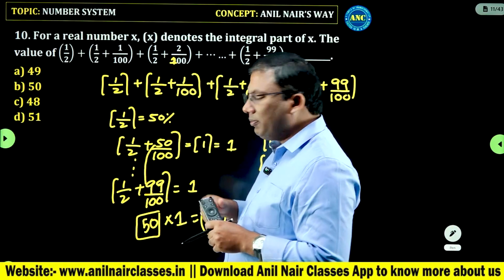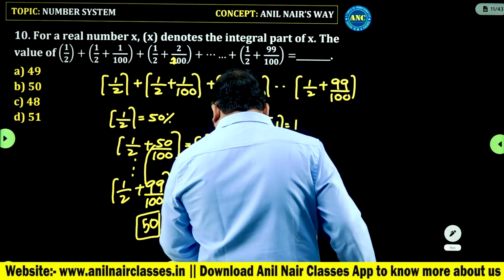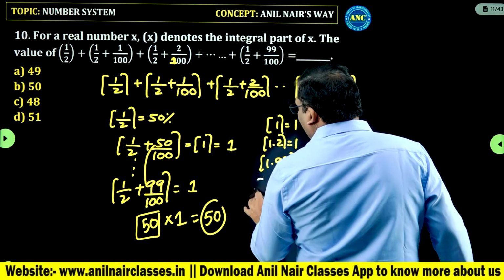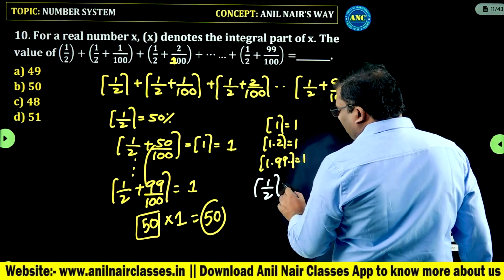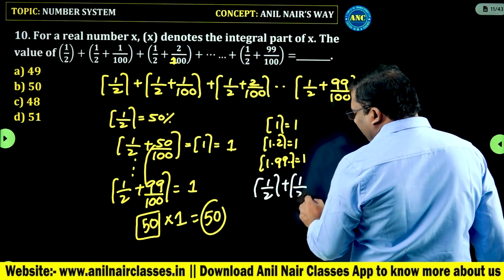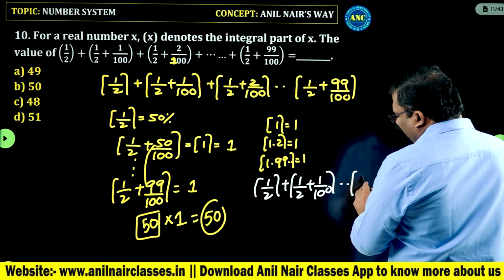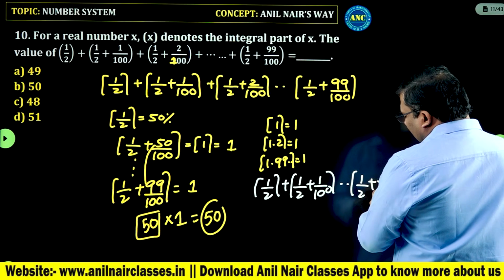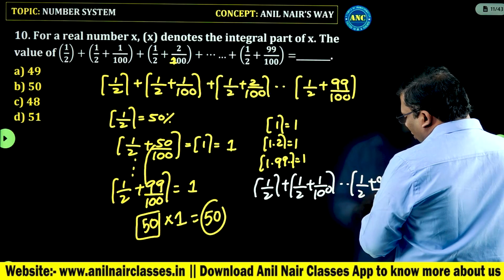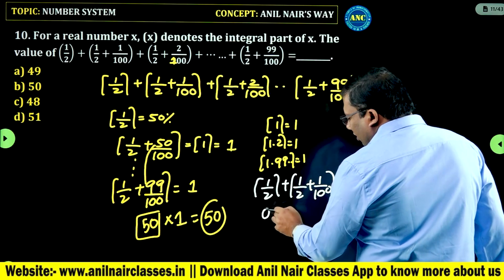Sir, what will happen before? All these, that means from 1 by 2 plus 1 by 100 and so on up to 1 by 2 plus 49 by 100, all these will be zeros only. Why?